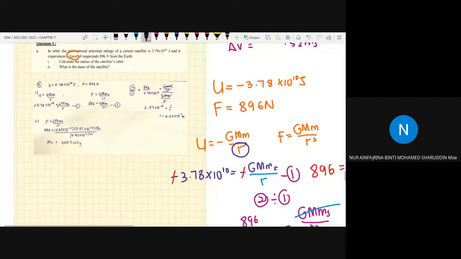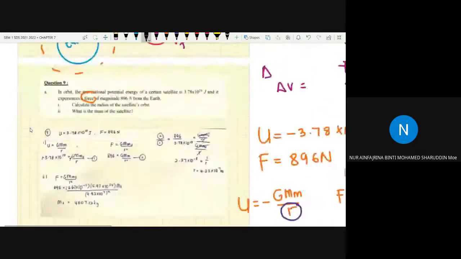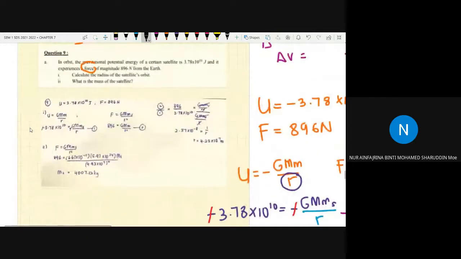And then for this one is very easy as maksudnya dia minta awak cari mass of the satellite. It's either you substitute your value of R dekat dalam formula F ataupun awak substitute dalam formula gravitational potential energy, either one. So, awak tetap akan dapat jawapan yang sama.